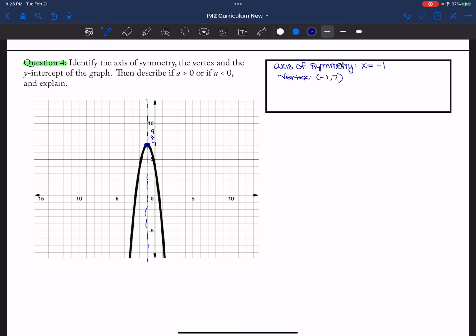So -1, 7. And then my y-intercept is 0 comma, looks like 4 down here. And then my a is less than 0 since the graph opens down.